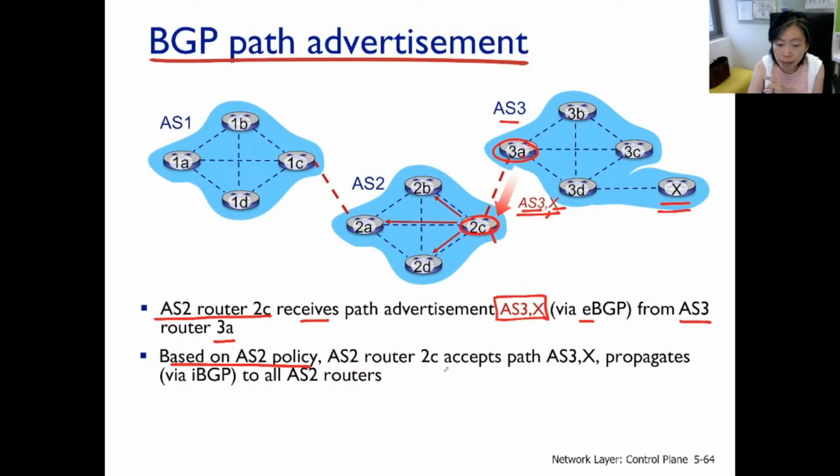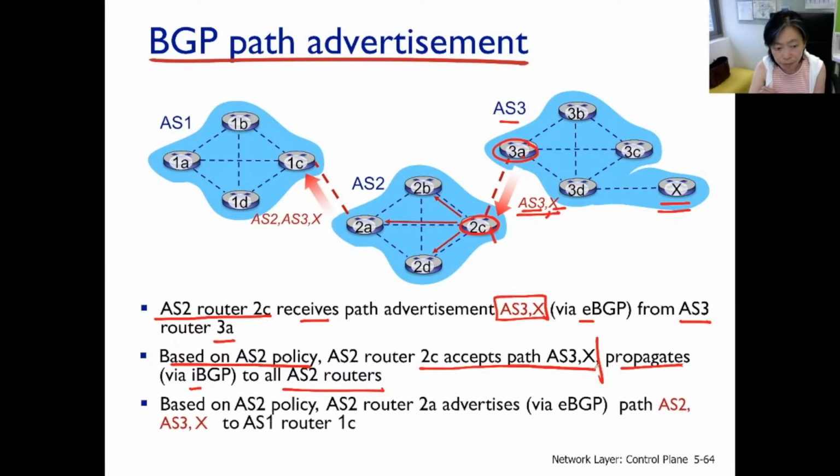If the policy says 2C, it's okay to accept the path, then 2C propagates the path to all routers internal of AS2. Okay. So sending of these AS paths internally is through the interior BGP connections. All right. So the import policy actually happens before the propagation of the path, okay, to all the routers internally.